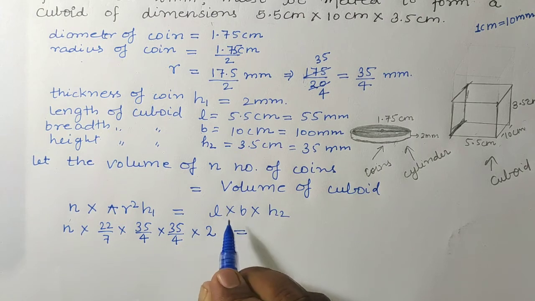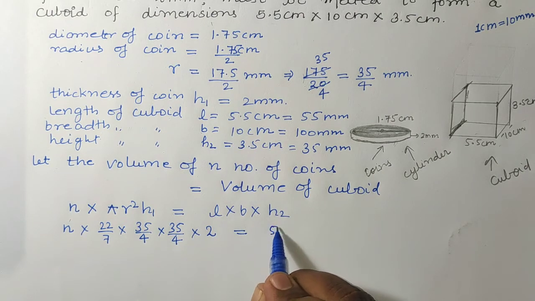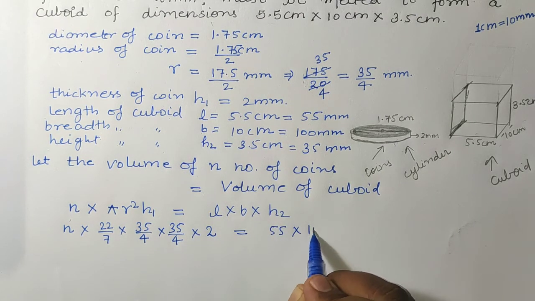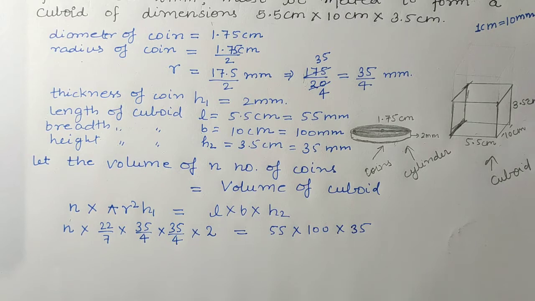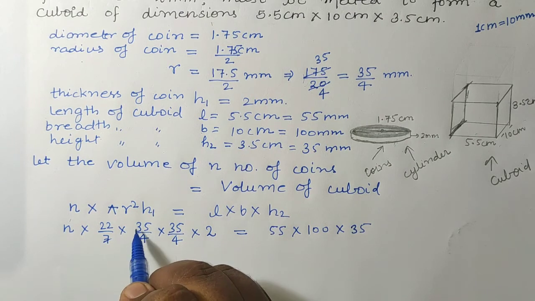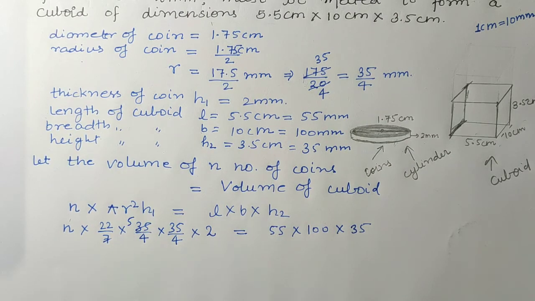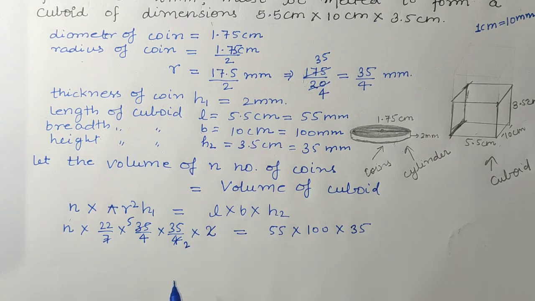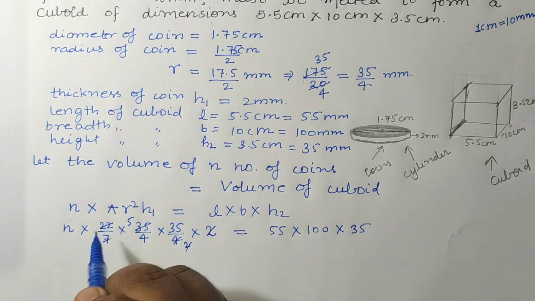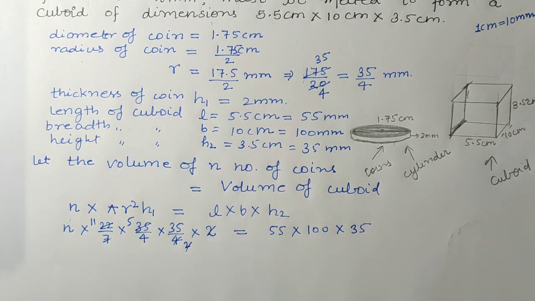Then L is 55, B is 100, and H2 is 35. Students, we have to find the value of n, so we have to solve all these. See here, 7 5s are 35, here it will be 5, 2 2s are 4, and this 2 will cancel this 22 in 11 times.